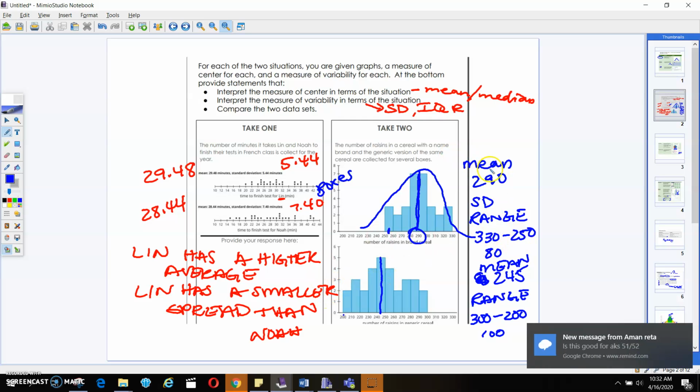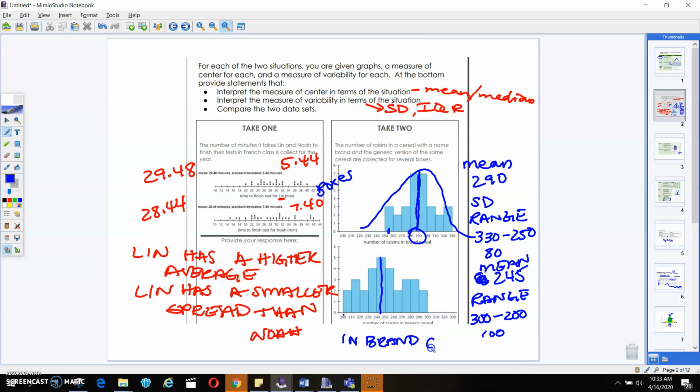That means that this average is higher. So the raisins in a brand cereal are more than in a generic cereal. When I'm writing this out, I'm going to say in brand cereal they have a higher mean, which means that there's going to be more raisins per box than in the generic cereal.